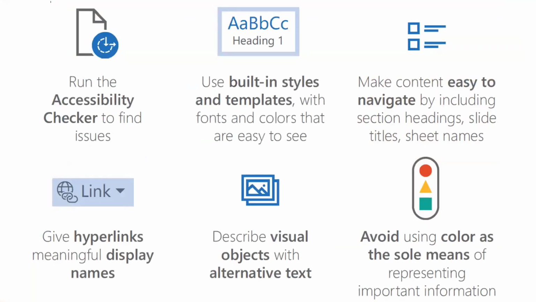Most of the issues that present barriers to access can be prevented or fixed by following a few simple practices, which we'll look at now. The content in this slide is also available as a handout, which I'll send to you via email along with a link to the recording of the session. The email will include additional resources, including links to relevant Microsoft and MailChimp documentation.